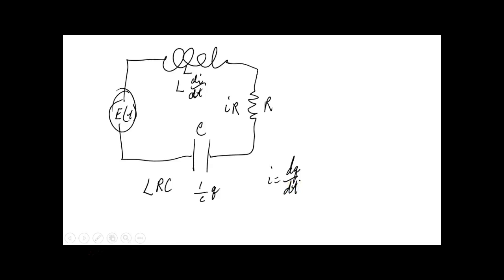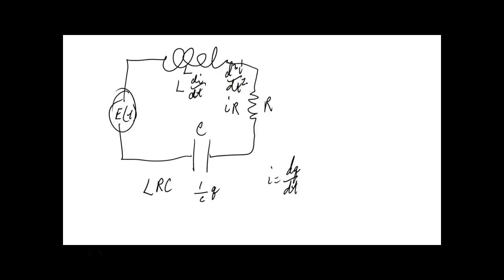Current is amount of charge per unit time. That's what ampere is, okay? So instead of an equation with a derivative of a current, and then the integral of a current, no, we don't like to have that. Let's get everything in terms of this. Well, I is dQ dt, so di dt would be d2 Q dt squared.